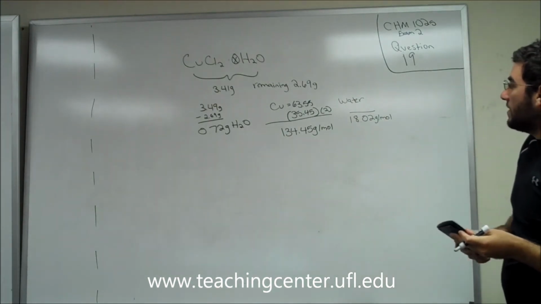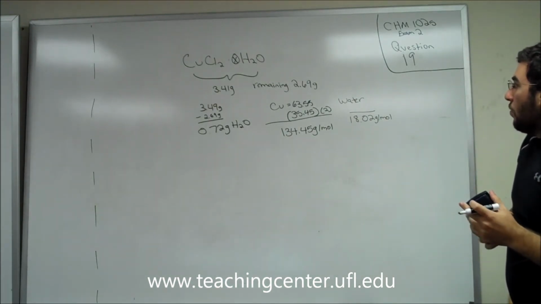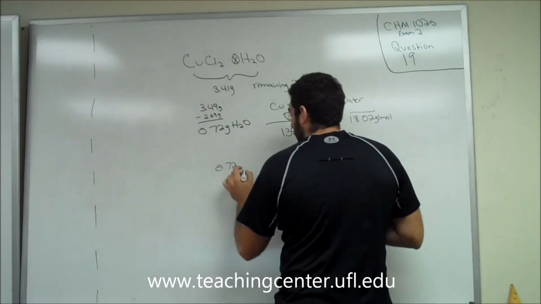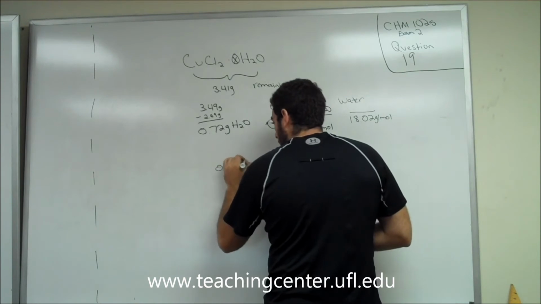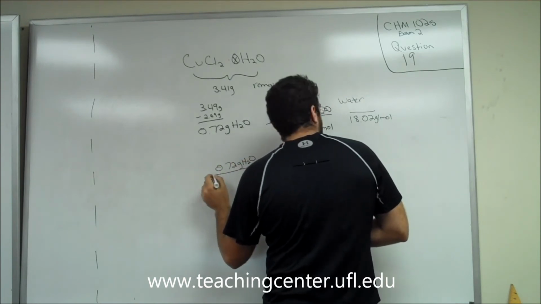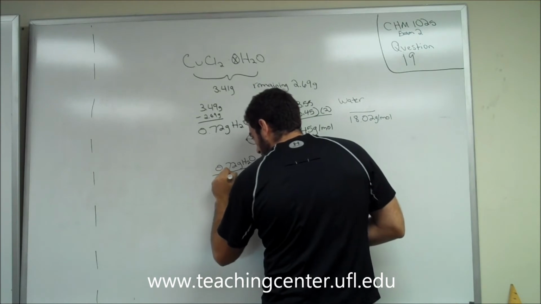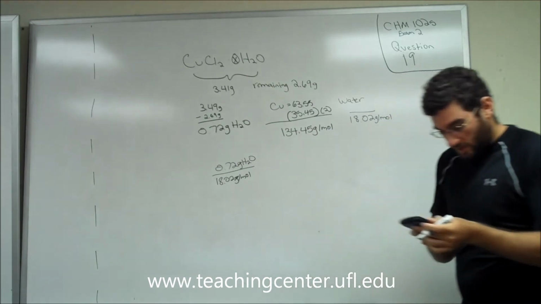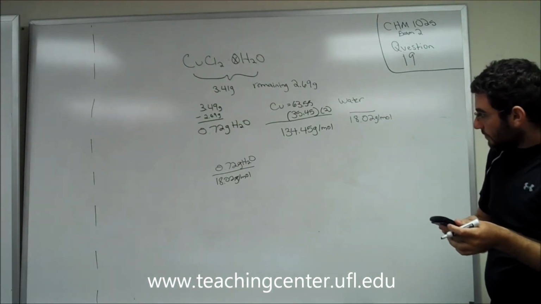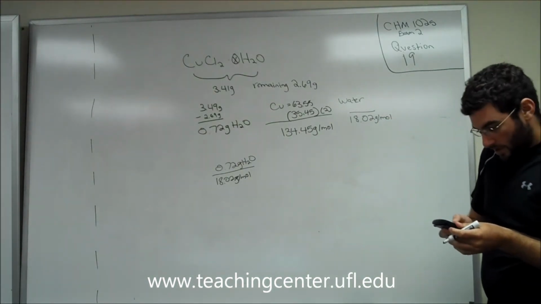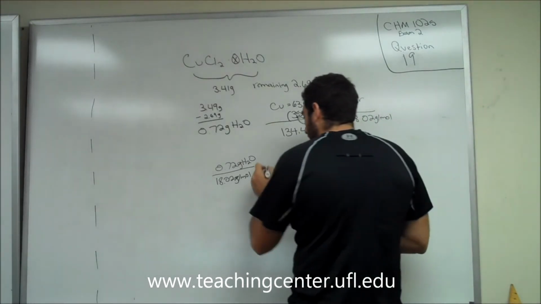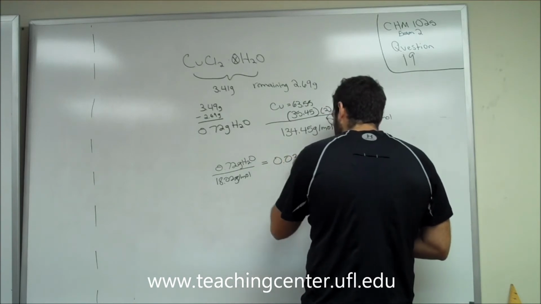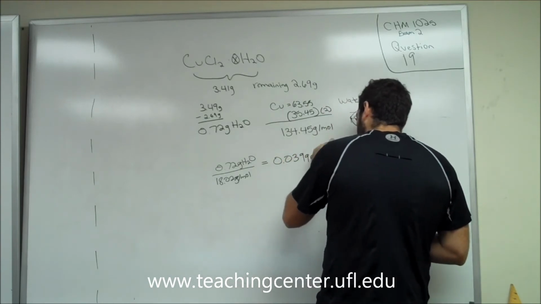If I want to find out how many moles of water I have, I'm going to do 0.72 grams H2O divided by 18.02 grams per mole, which is going to give us the number of moles of H2O we have: 0.0399 moles of H2O.